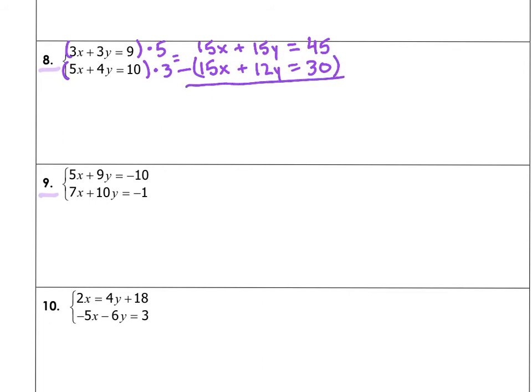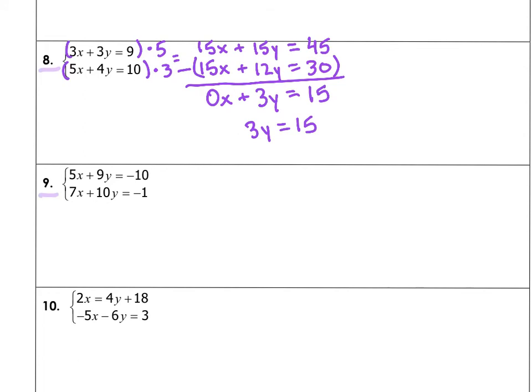So this will be 15x minus 15x, which will be 0x. Next, I will have 15y minus 12y. That's going to be a positive 3y. And then I'm going to have 45 minus 30. That'll be positive 15. If I take out the 0x, because 0 times anything is 0, I have left 3y is equal to 15.